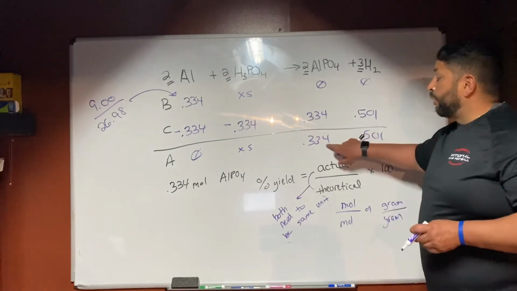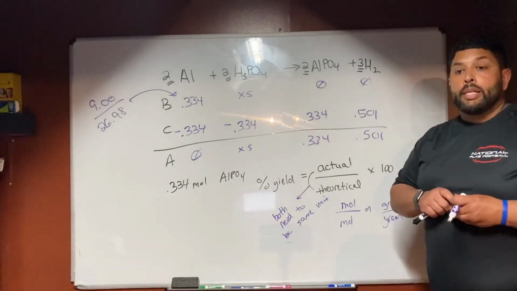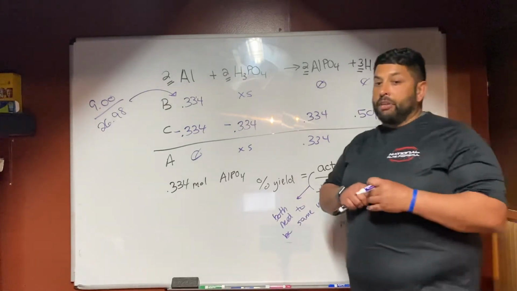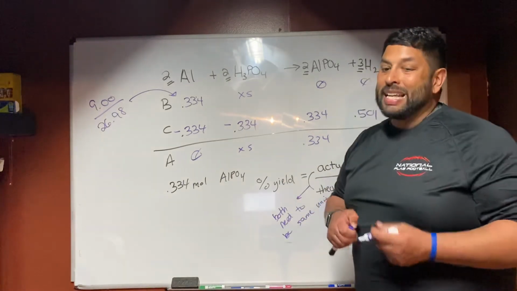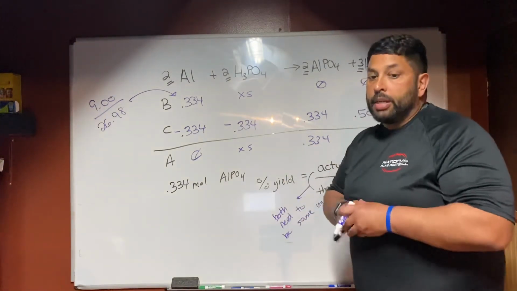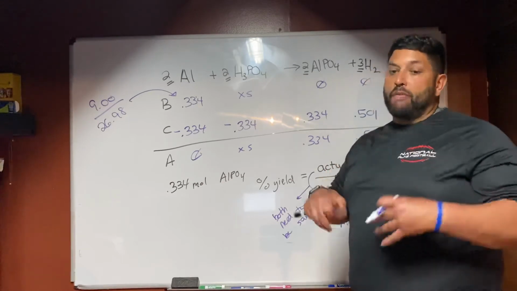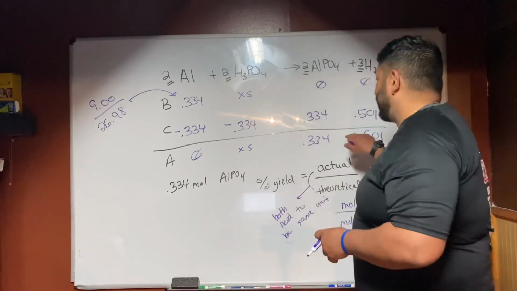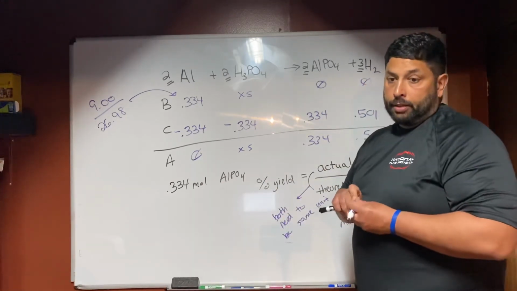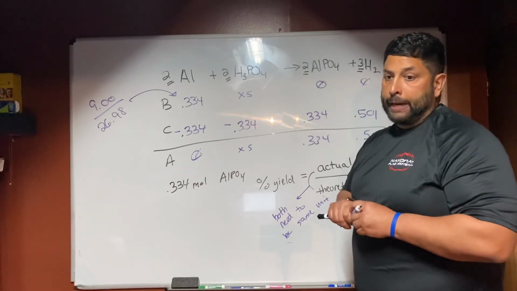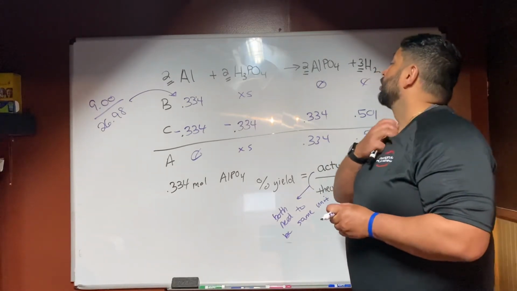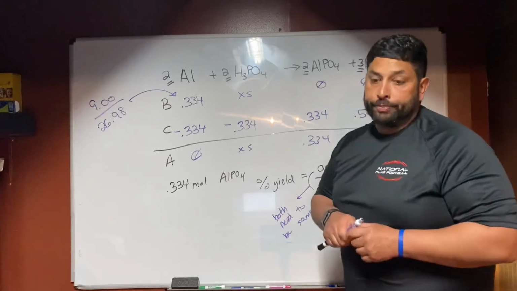If you wanted to use this 0.334, you can, but then you have to take the 30 grams that I gave you, because in the problem, the 30 grams is your actual. In a percent yield problem, I'm always going to give you the actual. You will need to find the theoretical. Okay? So either way, you have to decide what you want to do.